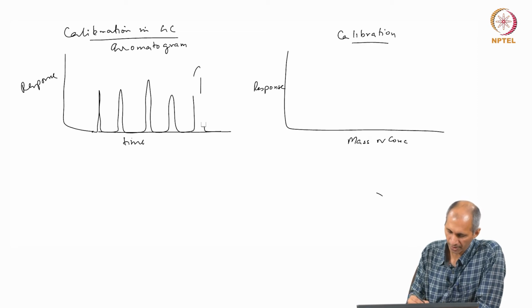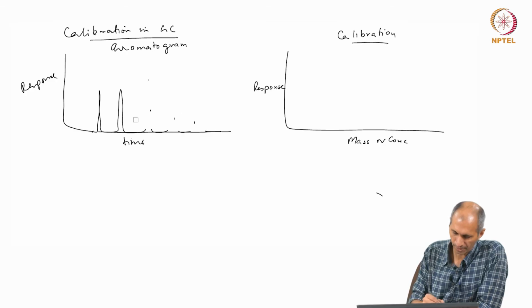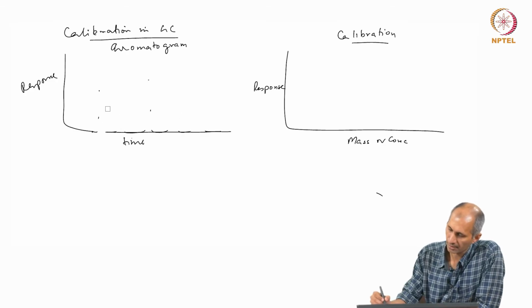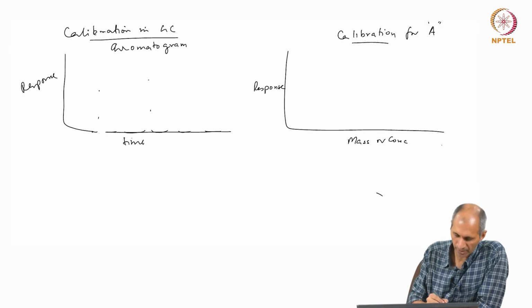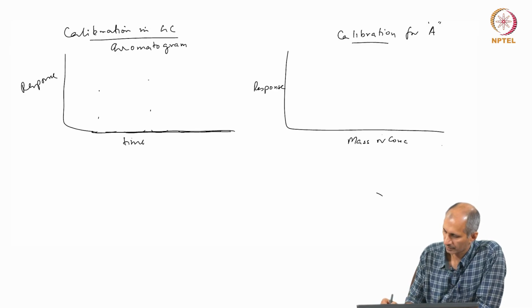I am doing the calibration for a particular type of compound, for one compound, A, for which I need the signal versus mass or concentration.